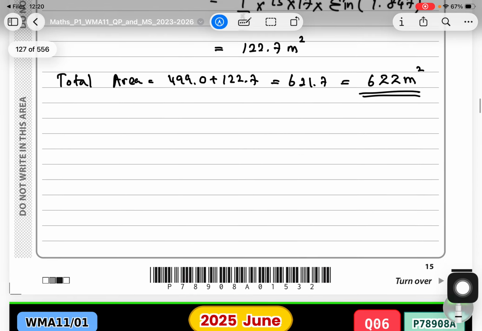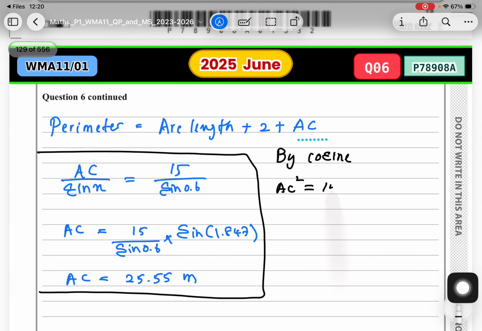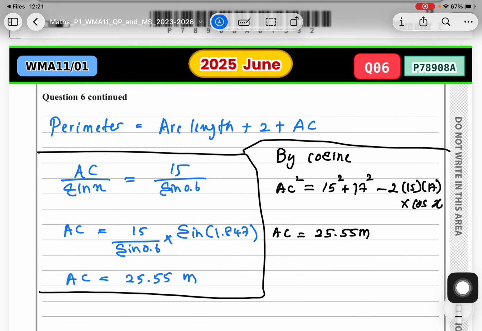So that is 15 squared plus 17 squared minus 2 times 15 times 17 times cos x. AC would be the root of this value. That also will give you 25.55. So I'll keep these values for you, but it's just a different method if you want to.